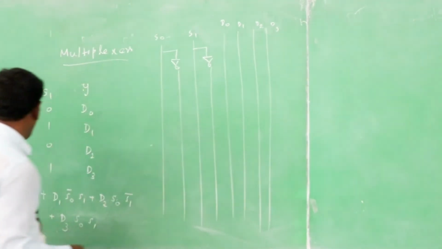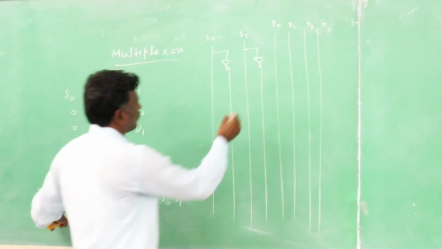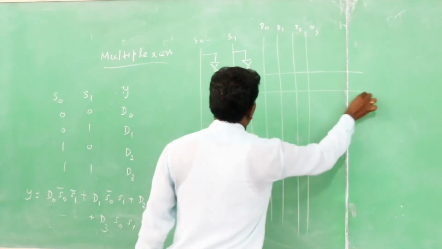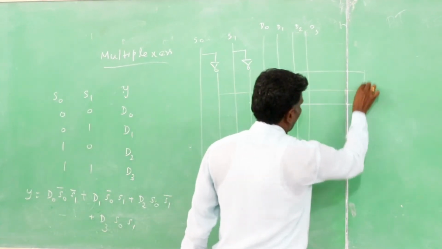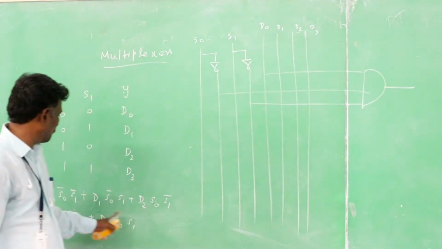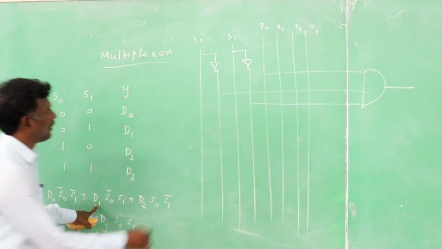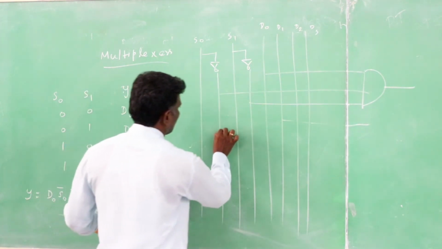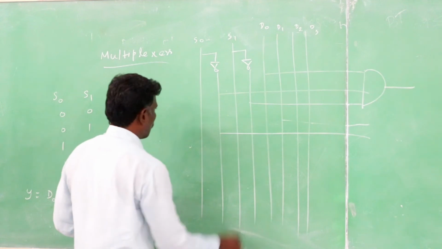First one, Y equal to D0 S0 bar S1 bar, connected to perform an AND operation, plus D1 S0 bar S1.